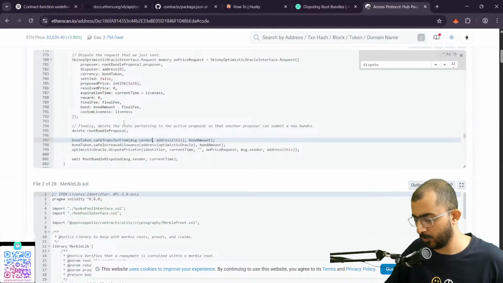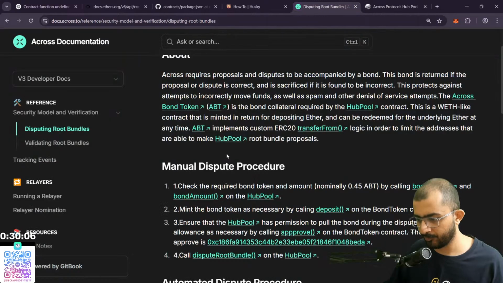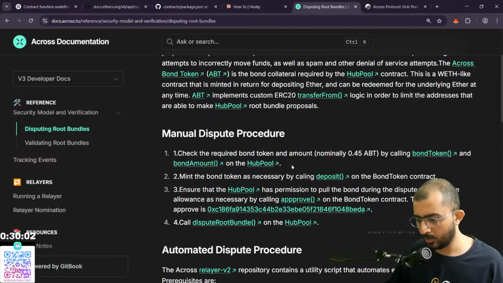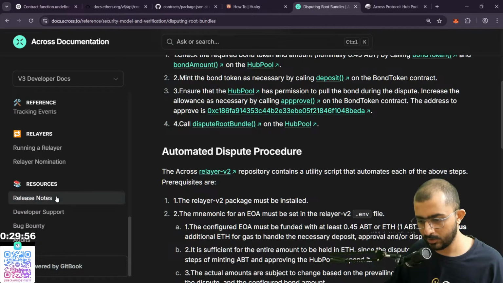Other people can't dispute it. Proposing is okay, like I understand the proposers should be limited, but disputers should be more. Anyway, okay, we won't be able to read that.